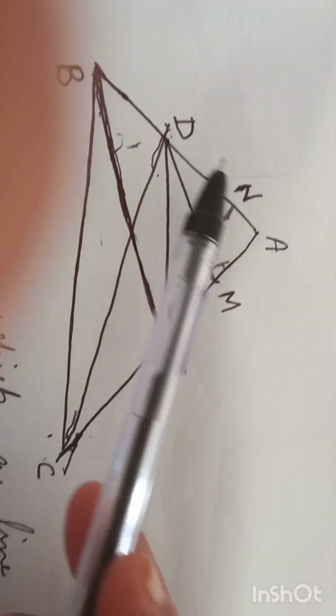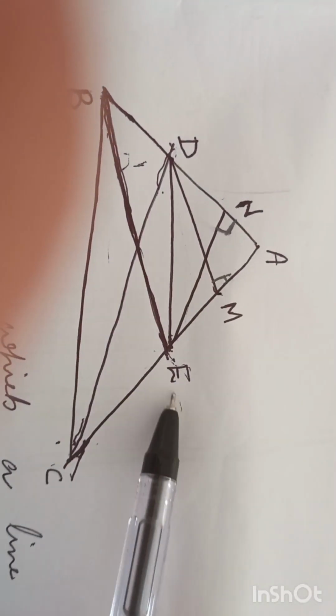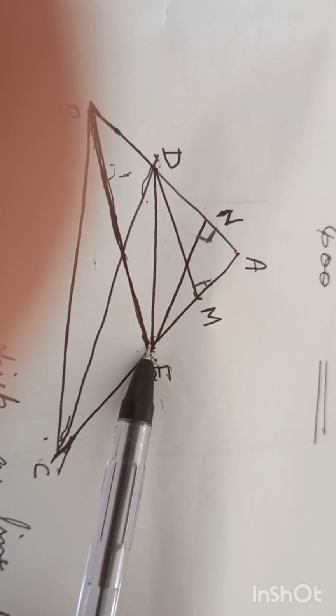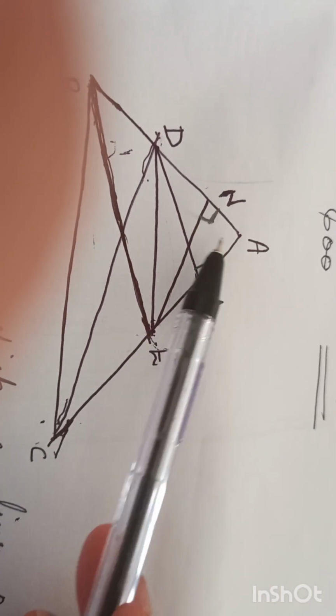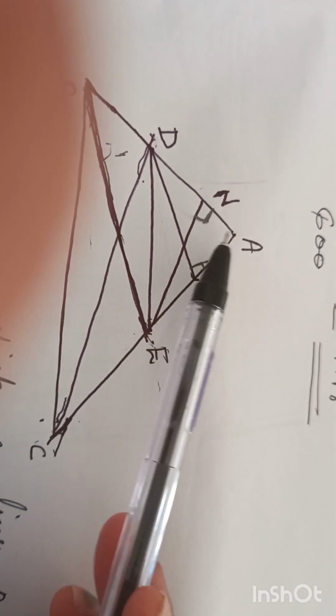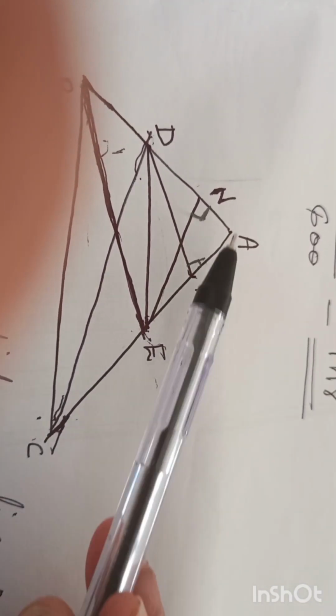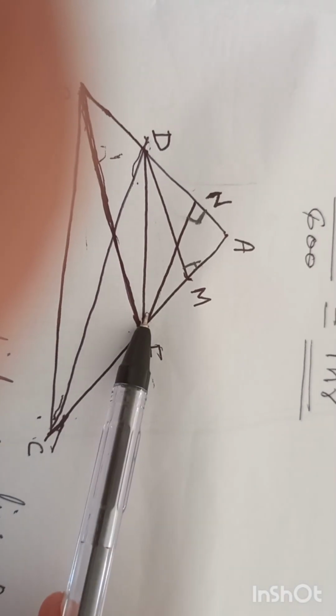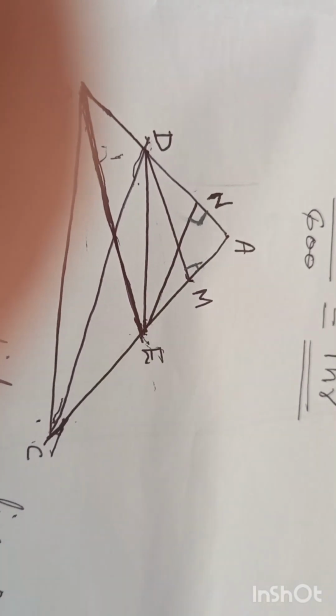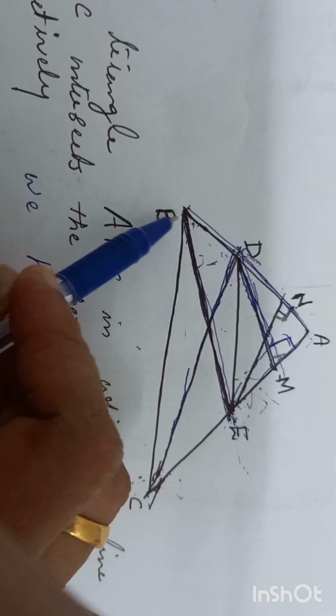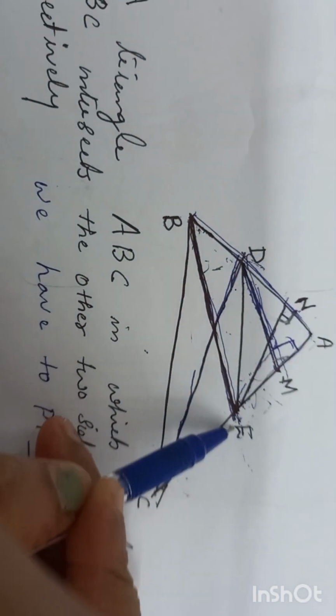See, first of all, area of triangle ADE we have to check. Area of triangle ADE is equal to half base into altitude. What is the base over here? Base is AD. Half base into what is altitude over here? EN is the altitude. Next we are considering triangle BDE.